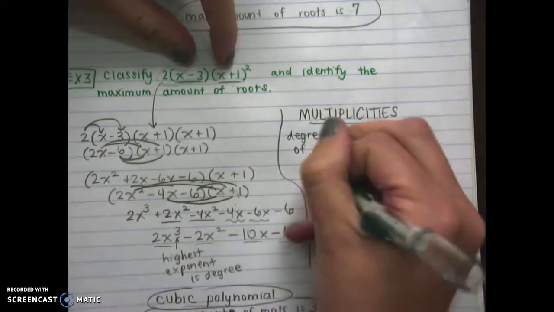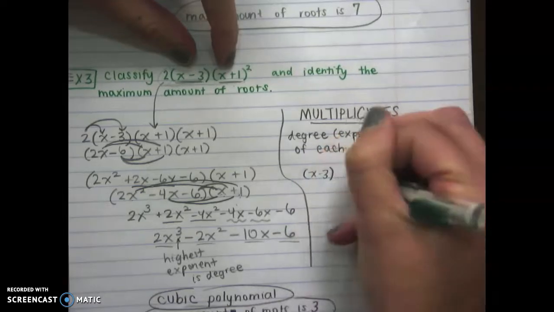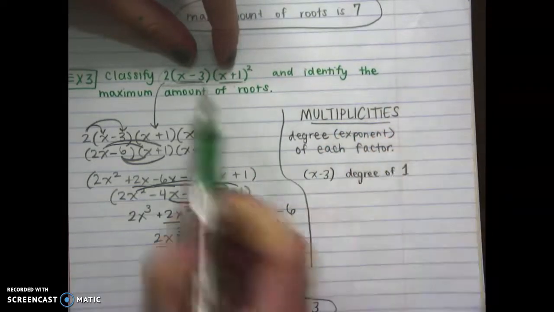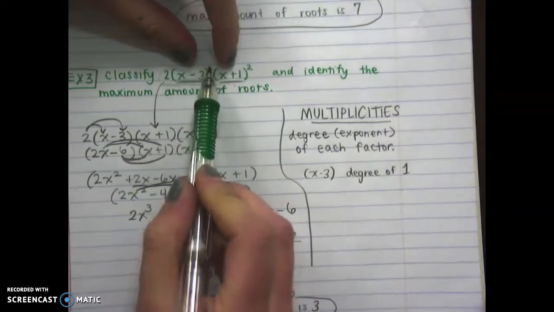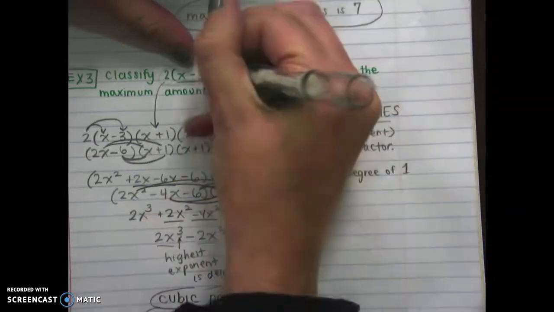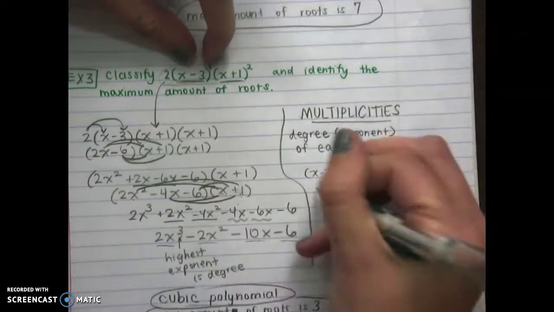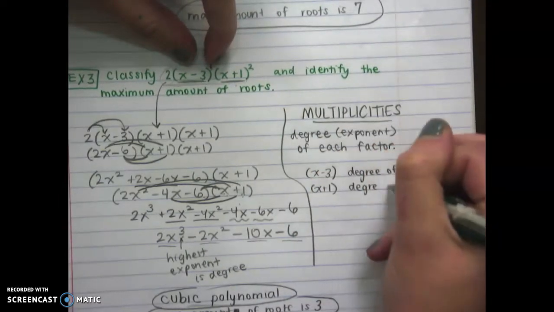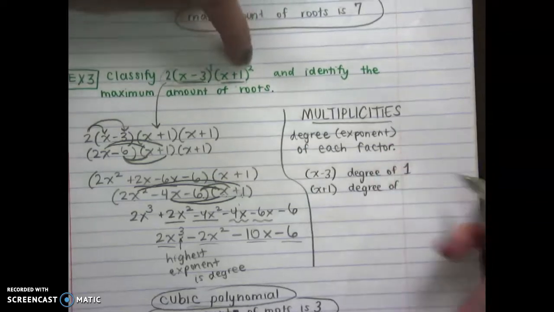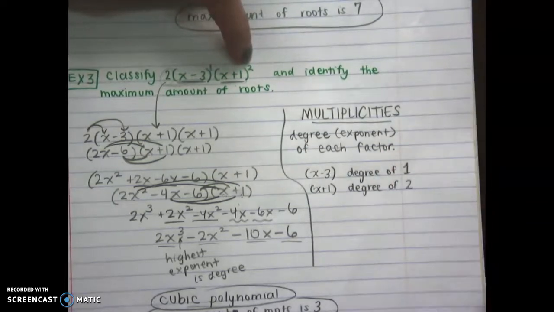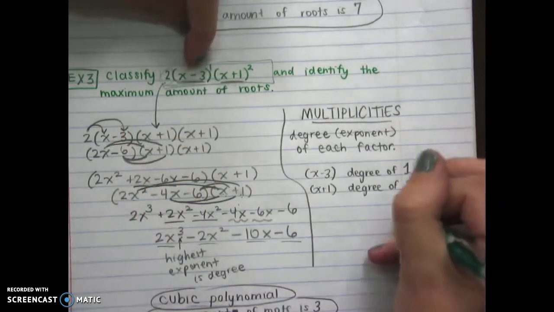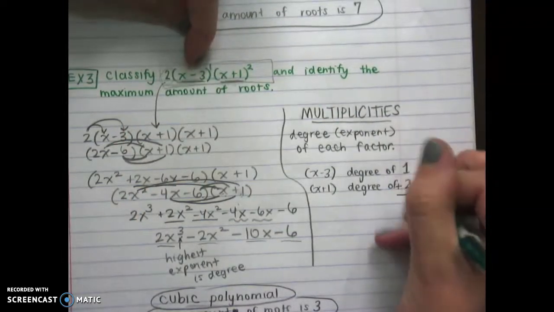So we have x minus 3 has a degree of 1 because the exponent of this factor is 1. It's not written there, we know it's 1. X plus 1 has a degree of 2. To find the degree of the whole polynomial, then, we just add 1 plus 2.